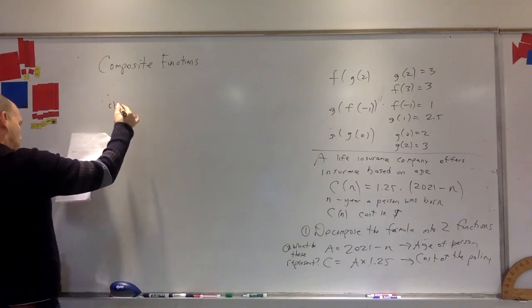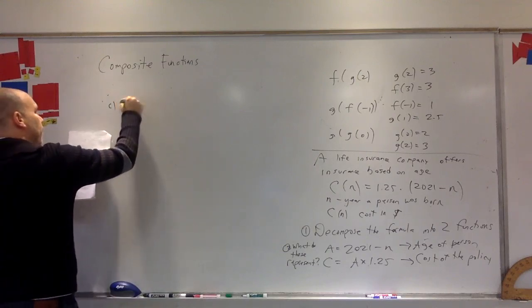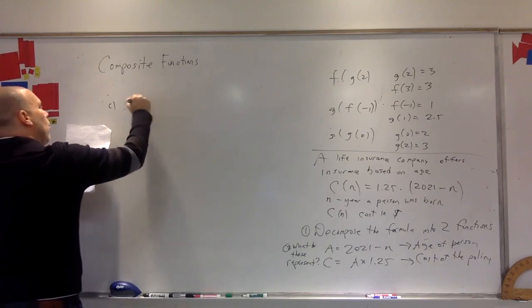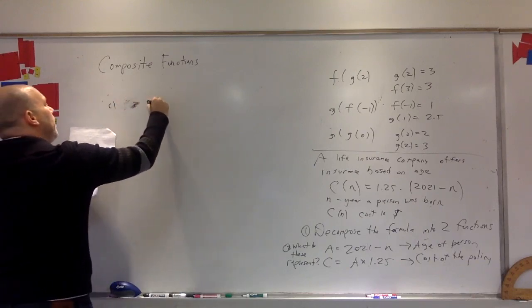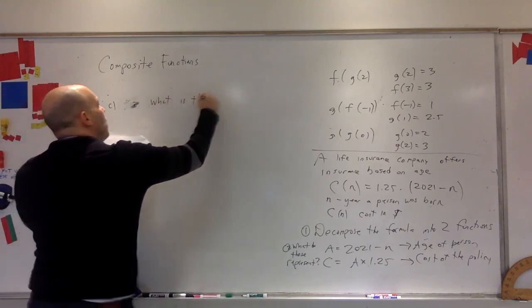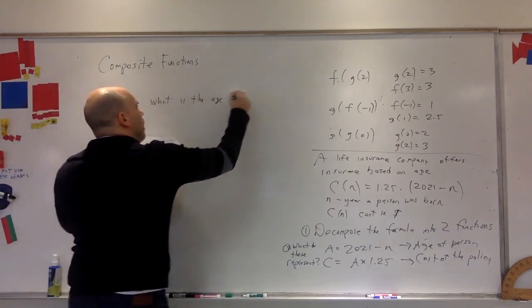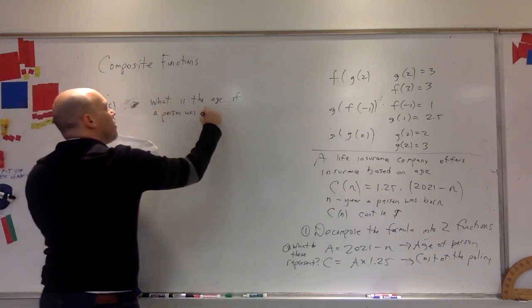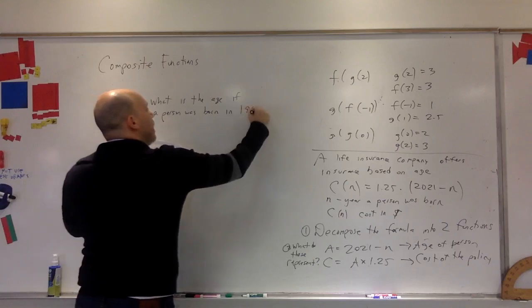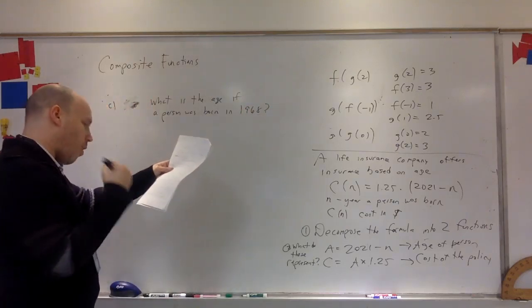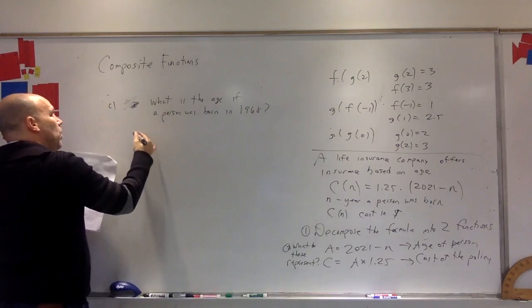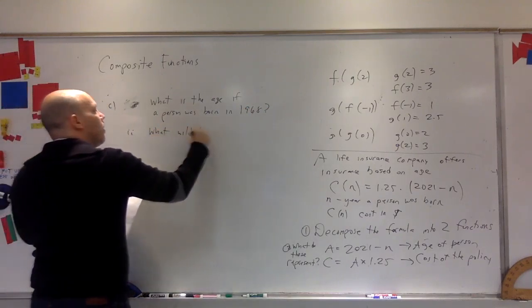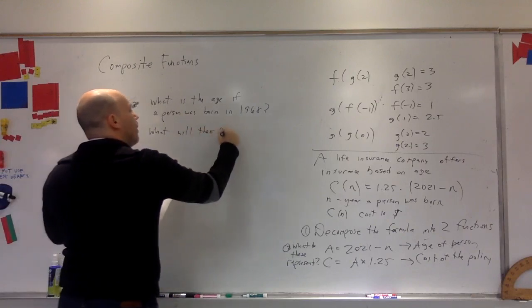Part C: first of all, what is the age if a person was born in 1968? And then the last part, what will their premium be?